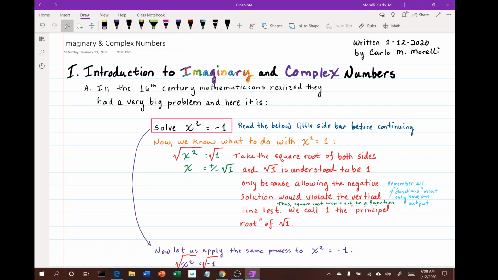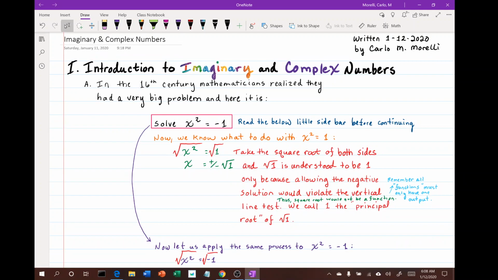Okay, so section 1, Introduction to Imaginary and Complex Numbers. So a little history here. Back in the 16th century, mathematicians did not have any concept of imaginary numbers. There was a need for them that came up in surveying and in architecture, but people were very skeptical at the time.